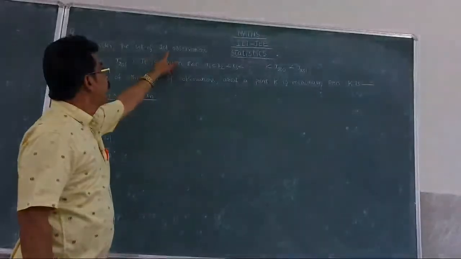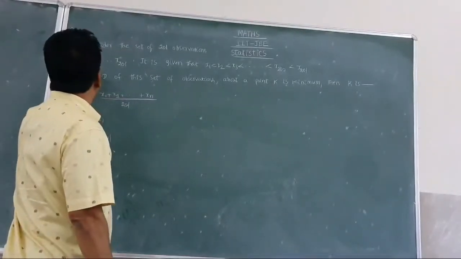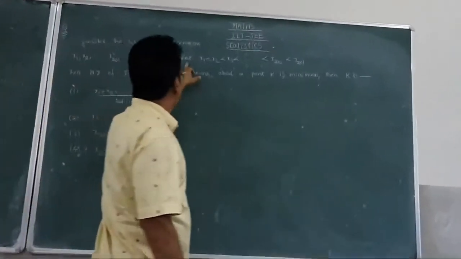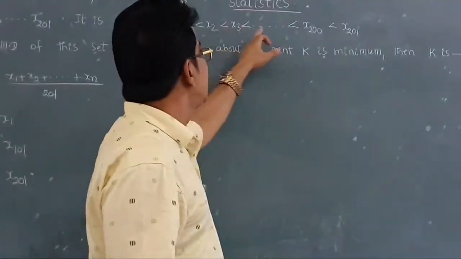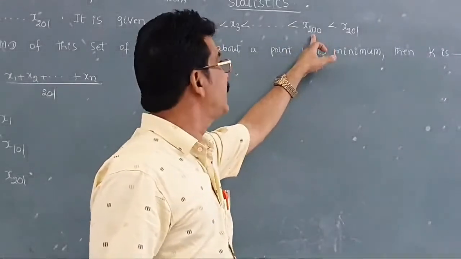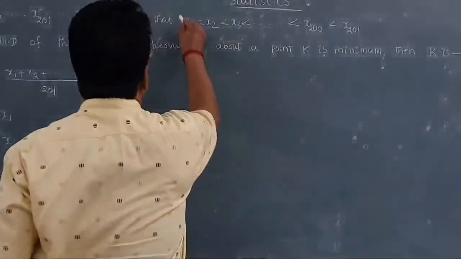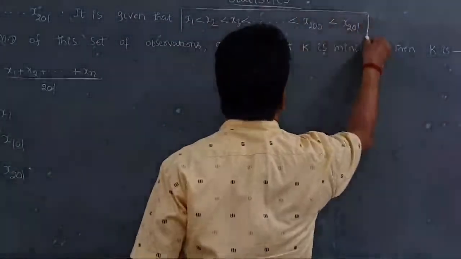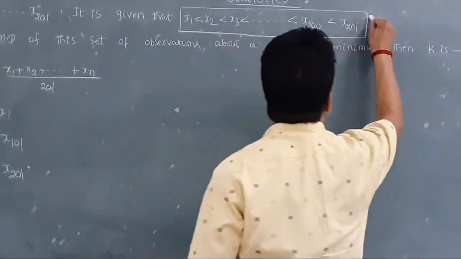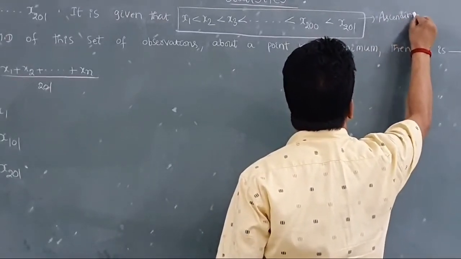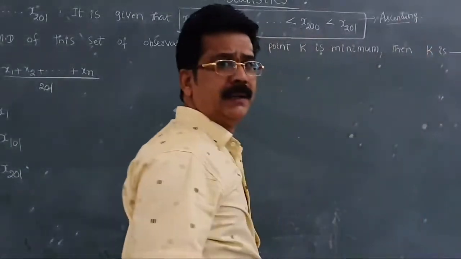Consider the set of 201 observations x1, x2 and so on to x201. It is given that x1 less than x2 less than and so on less than x200 less than x201. What does it mean? x1, x2, x3 and so on x201 are in ascending order.